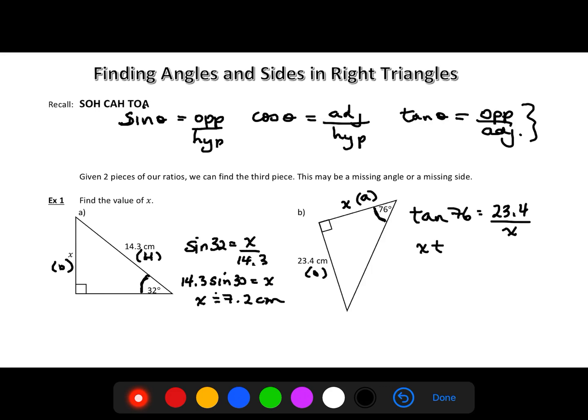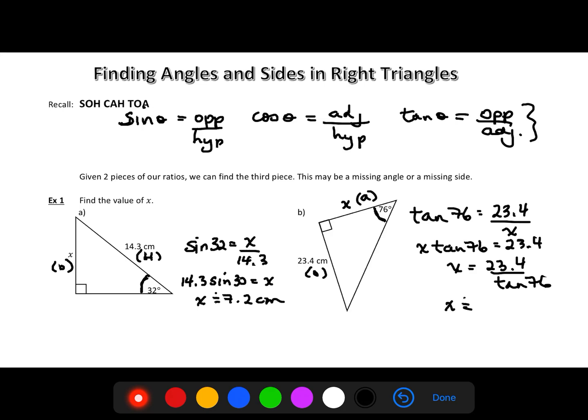So now x is on the bottom. As we've talked about in solving equations, we don't want x to be on the bottom. We can't solve for it where it is. So we're going to take it over to the other side where it becomes multiplying. Now we're going to take that tan of 76 over to the other side so that we can solve for x.